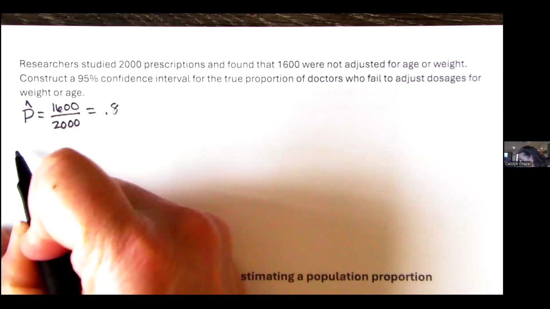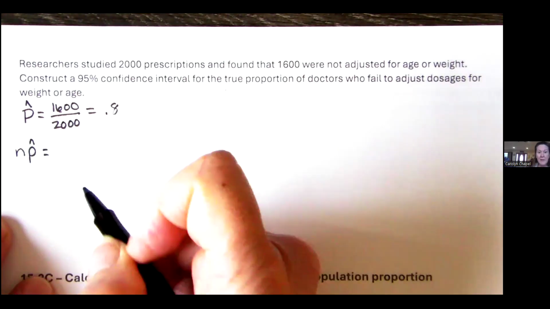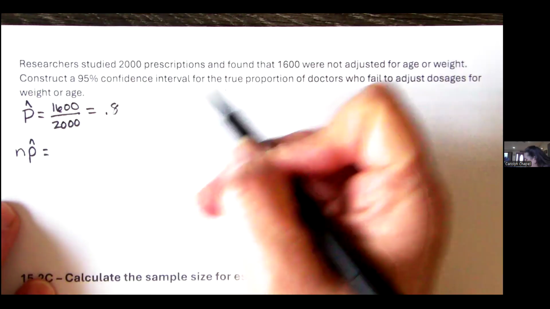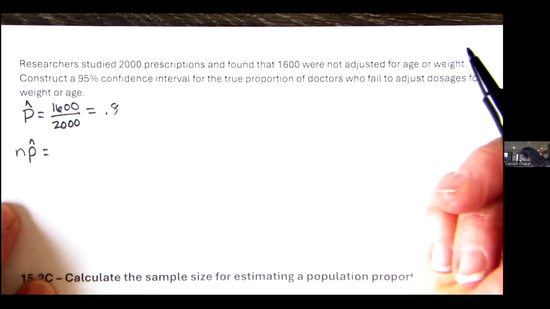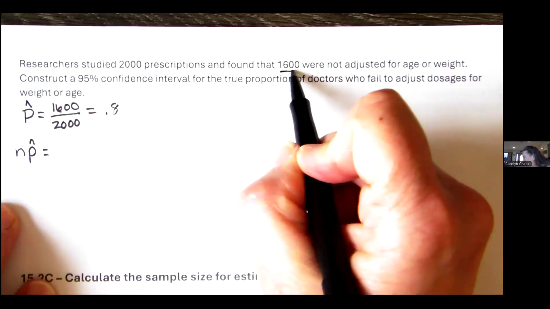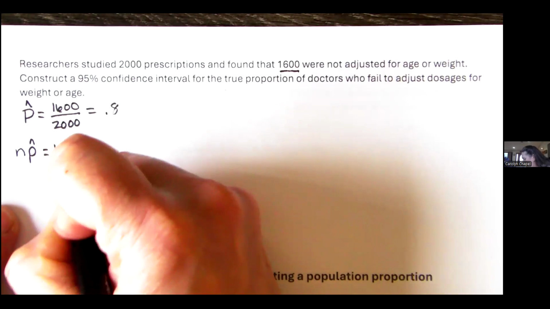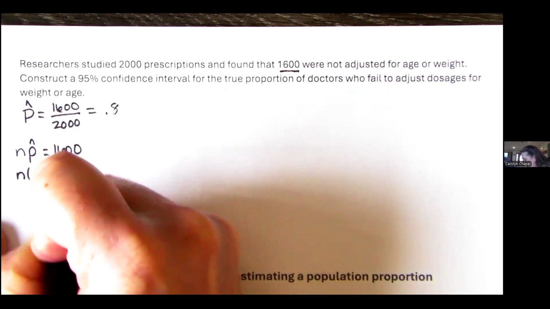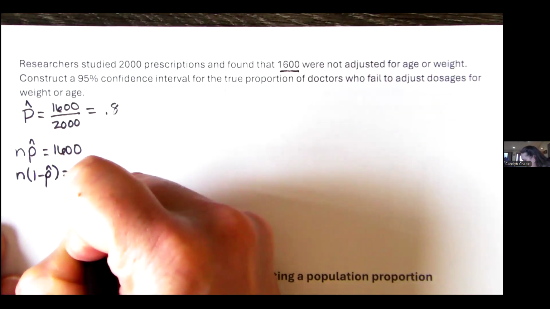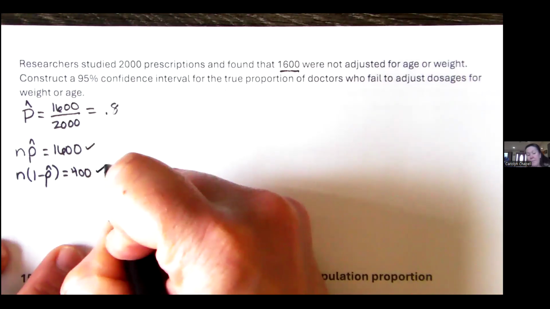I don't even really need to use it for this either, because the n times p is going to be the number of successes. In this case, I wouldn't consider that a success, but that's going to be that 1,600 here. The n times 1 minus p hat will be the number of failures, which would be everybody else. So those are both bigger than 10.